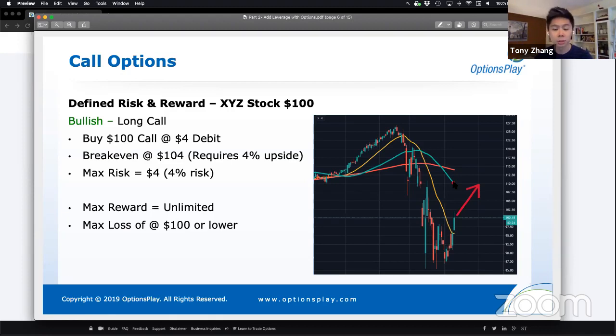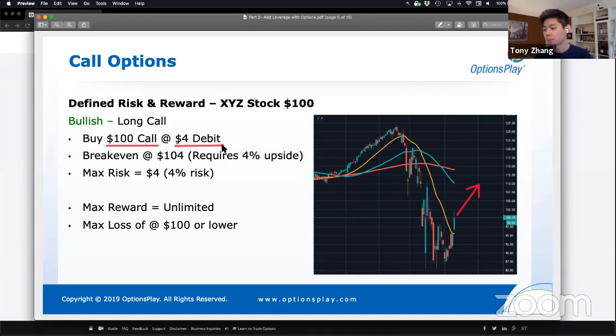So if you think that this stock is going to move higher, what can you do? As an options investor, you can buy a call option. That is a bullish strategy. But again, a call option is bullish by a certain amount, and that amount depends on how much that call option costs. So let's say I buy a 100 strike call option, an at the money call option, and it costs me $4.